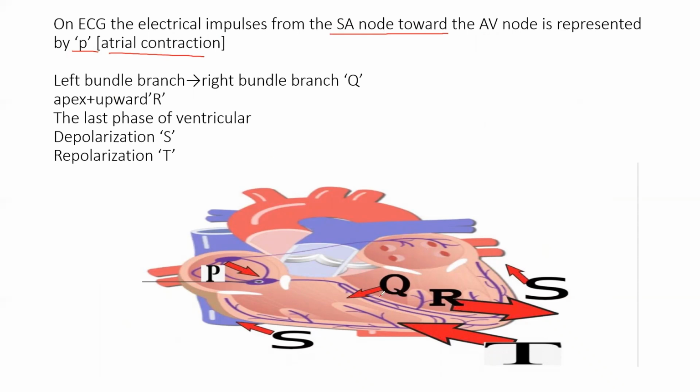From the left bundle to the right will be presented by Q. And then we have the R, which is for the apex and downward. Last, we have the S, for the Purkinje fibers, and the T wave for the repolarization.